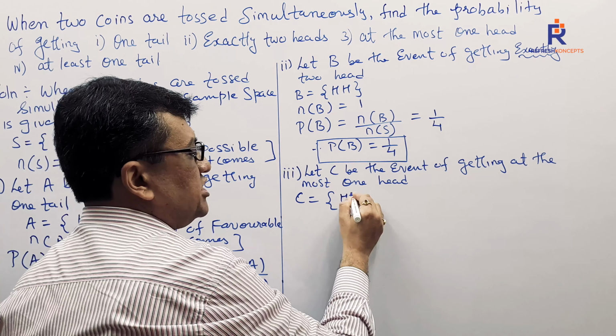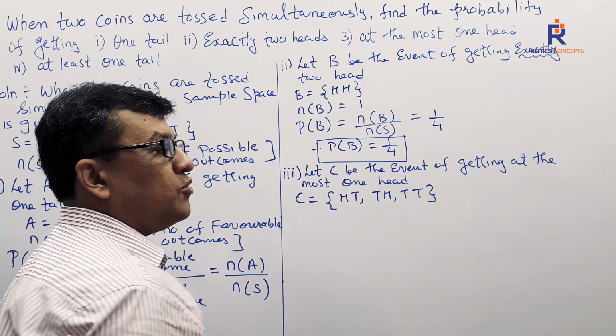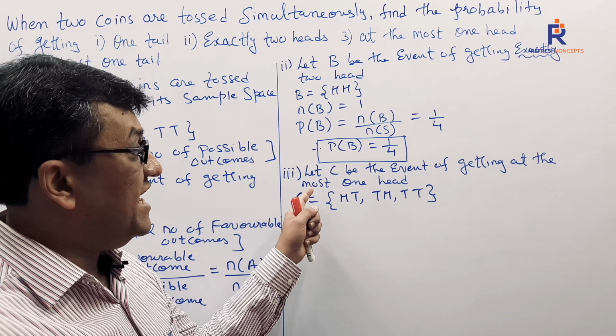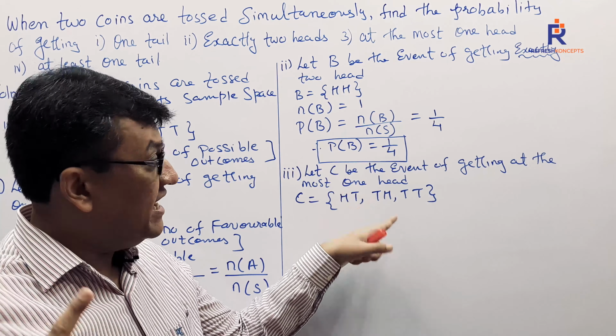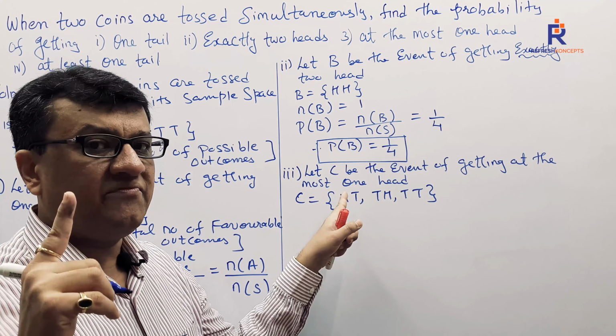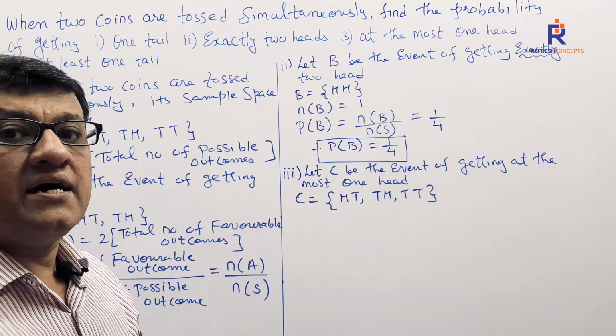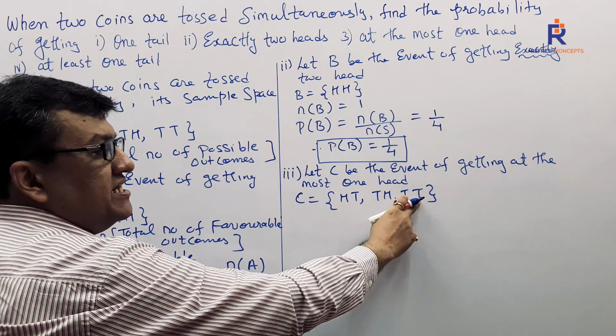So it's going to be HT, TH, and TT. Those who are wondering why TT when the question had at the most one head: at the most means maximum one head, minimum 0. TT doesn't have any head. That's the reason TT will come over here.